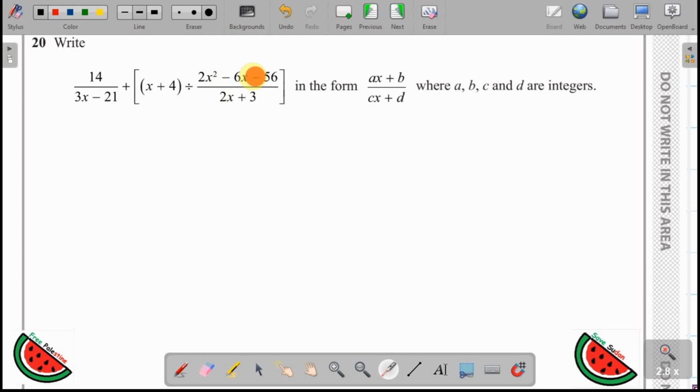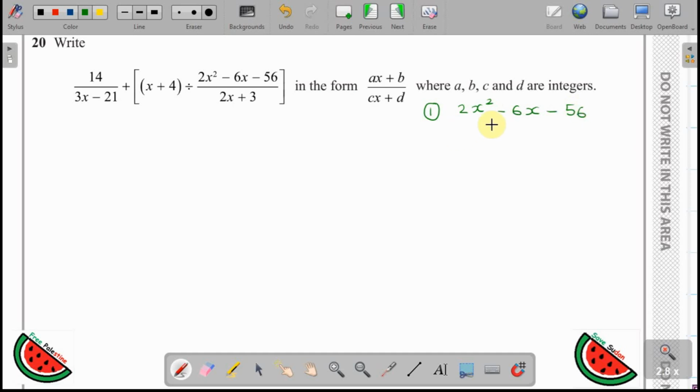When I see a quadratic over here, the first thing I'm going to do is try and factorize it before I do anything, because then there's a potential of something cancelling out. So let me start with that on the right hand side over here. I have 2x squared minus 6x minus 56.